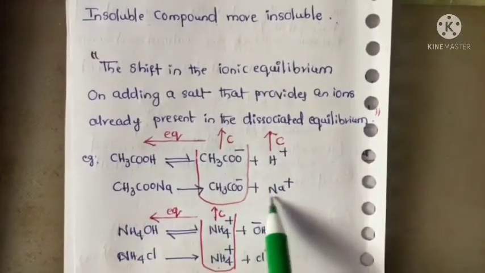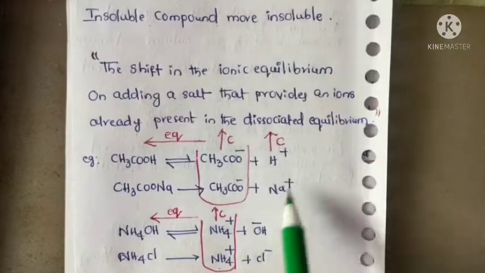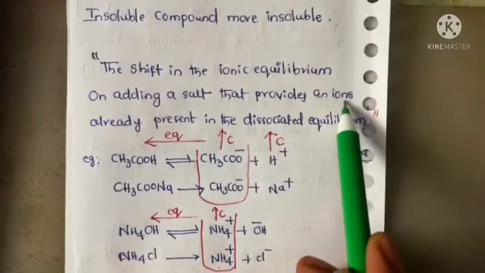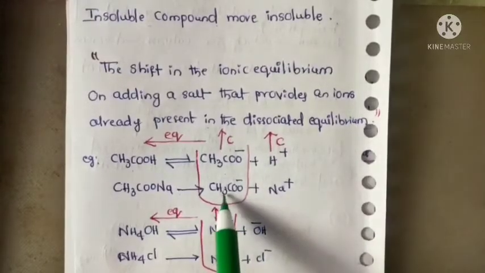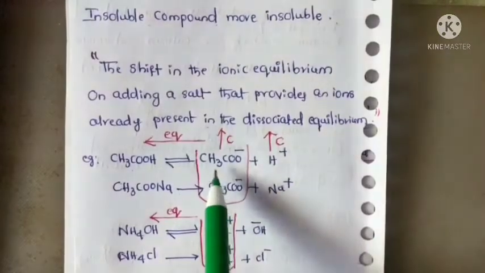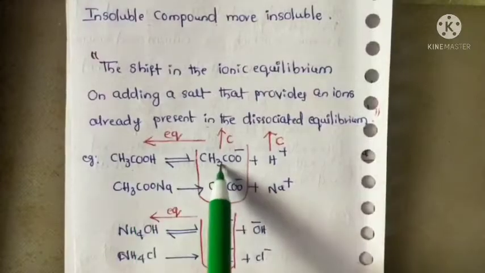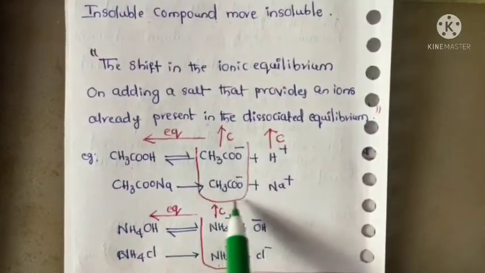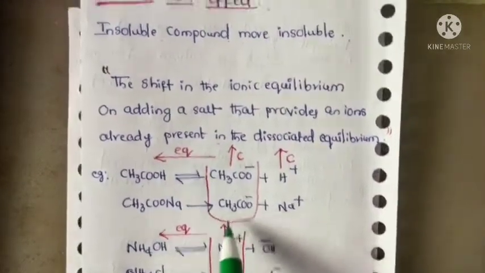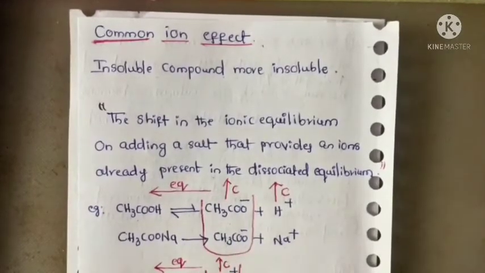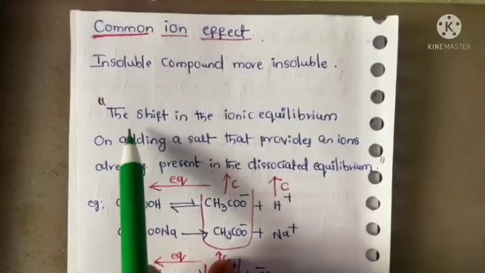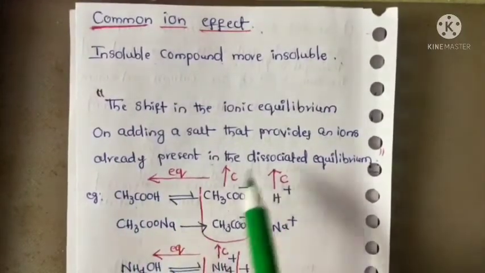Which ions does this salt provide? Acetate ions and Na plus ions, which are ions already present in the dissociated equilibrium. That's why we call this process common ion effect. This is the definition.